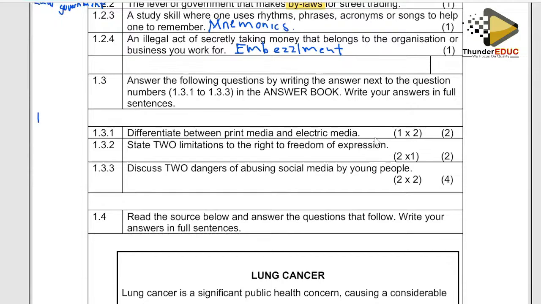So print media is a form of printed communication. I'm going to give examples, e.g., newspapers, magazines.